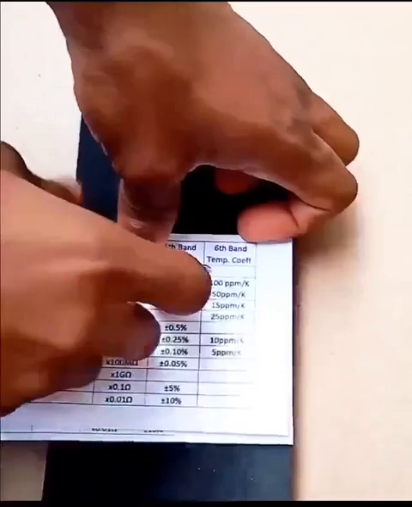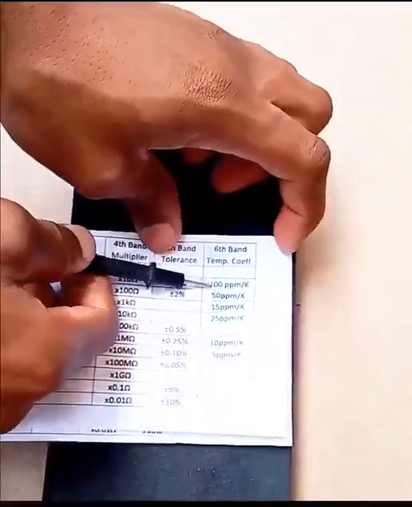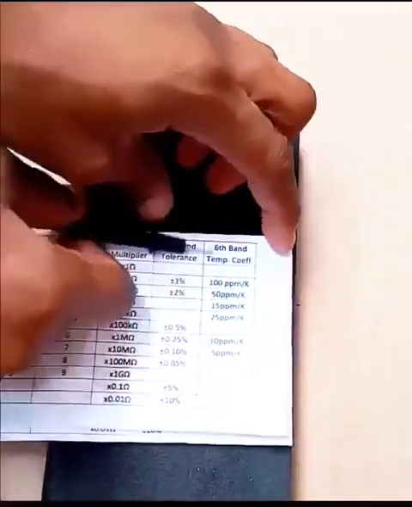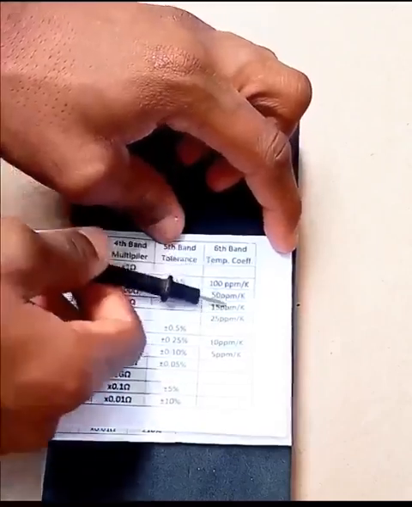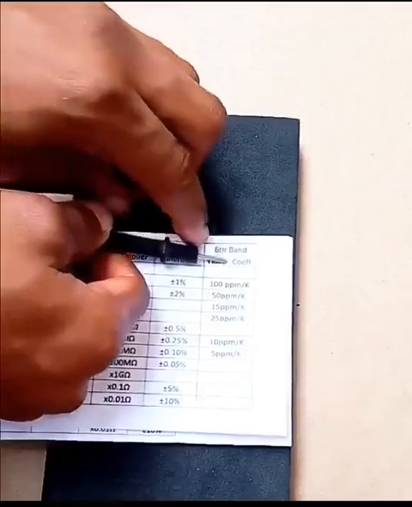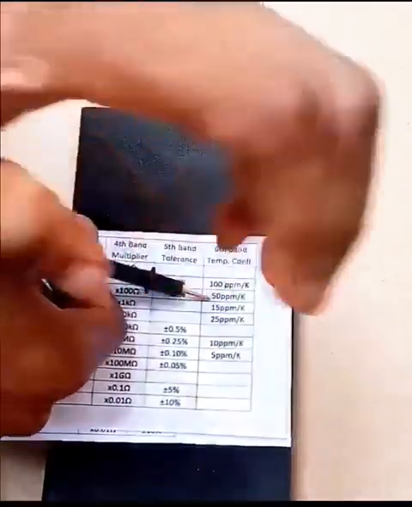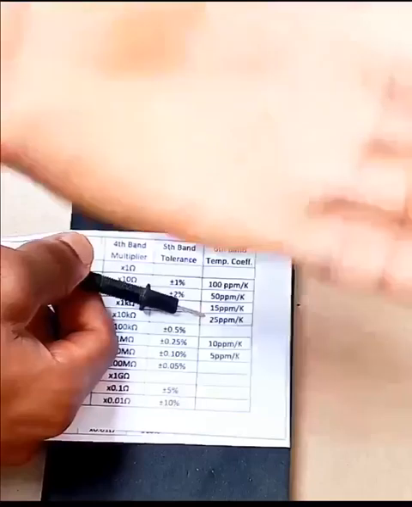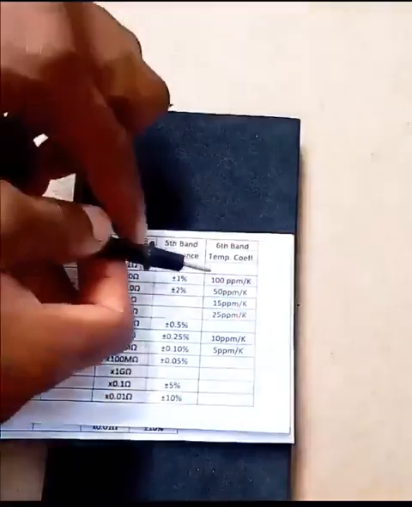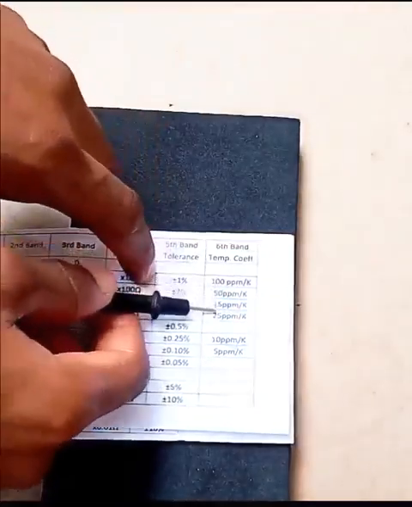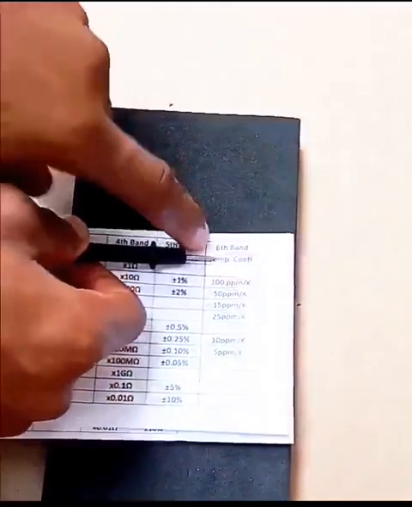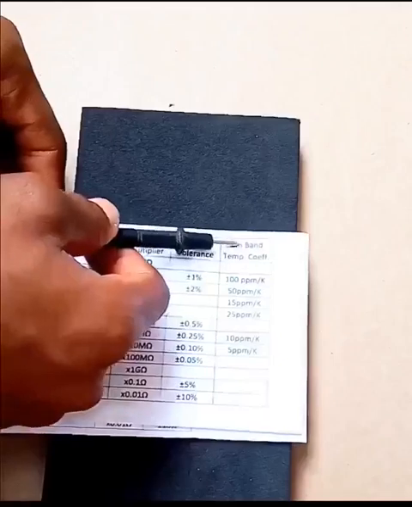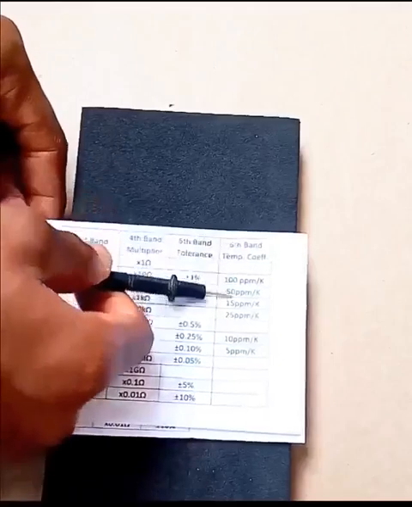A resistor with a higher temperature coefficient, indicated by its sixth band, is likely to be more unstable as temperature rises in the circuit than resistors with a lower temperature coefficient, also indicated in the sixth band.